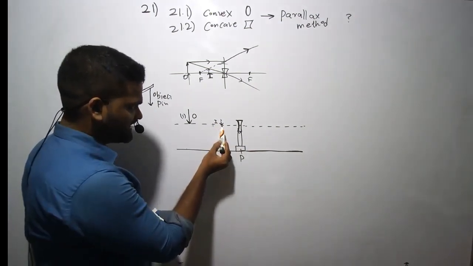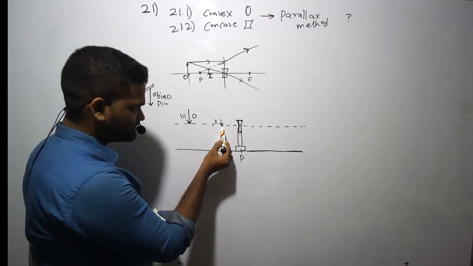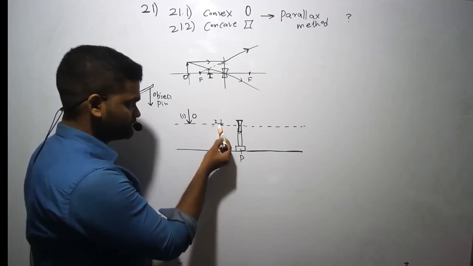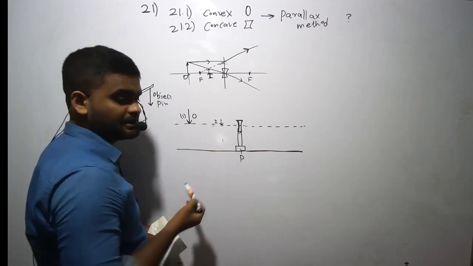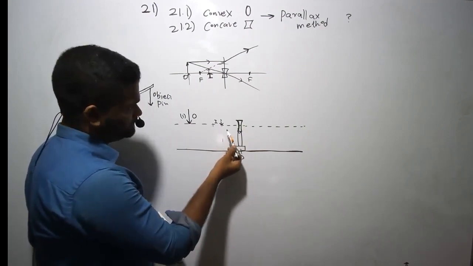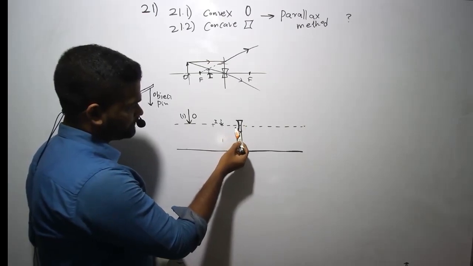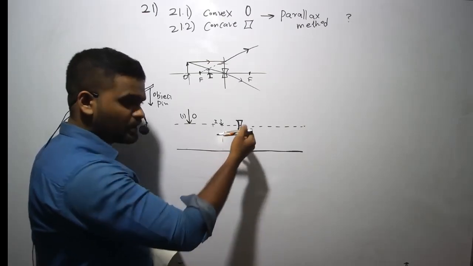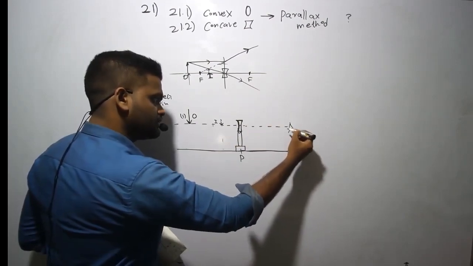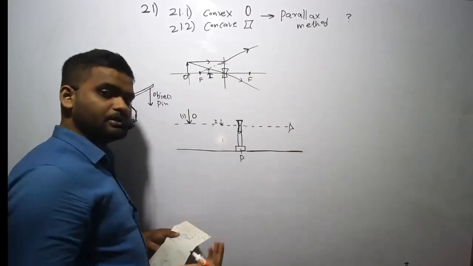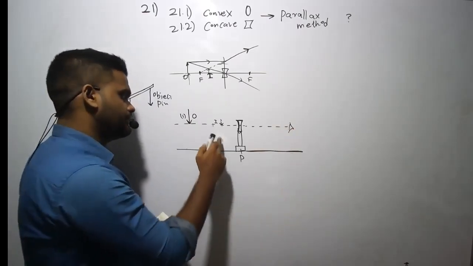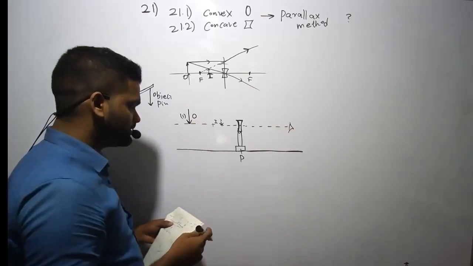To find that, you cannot place an optical pin here, because the image of this optical pin also will be formed. So from this side you are going to see two images. So it is going to be confusing.